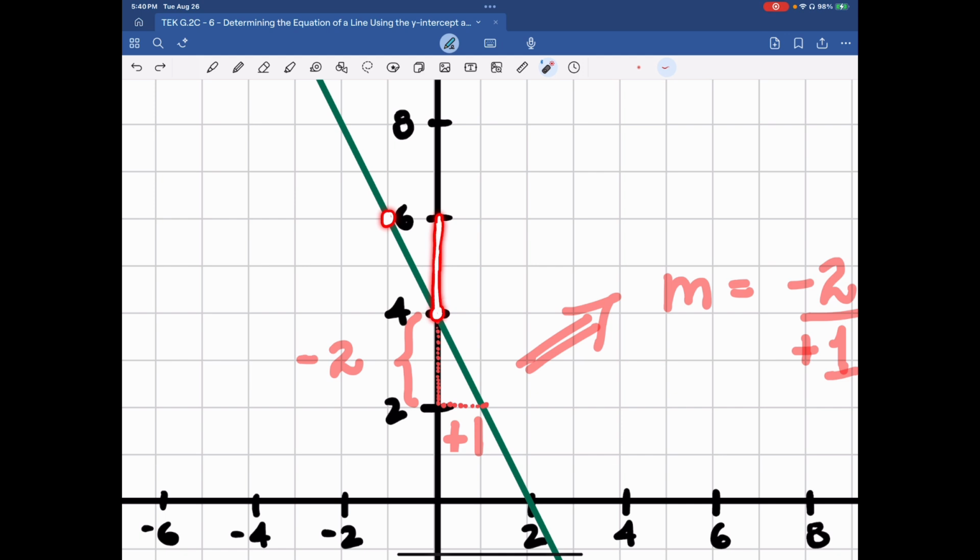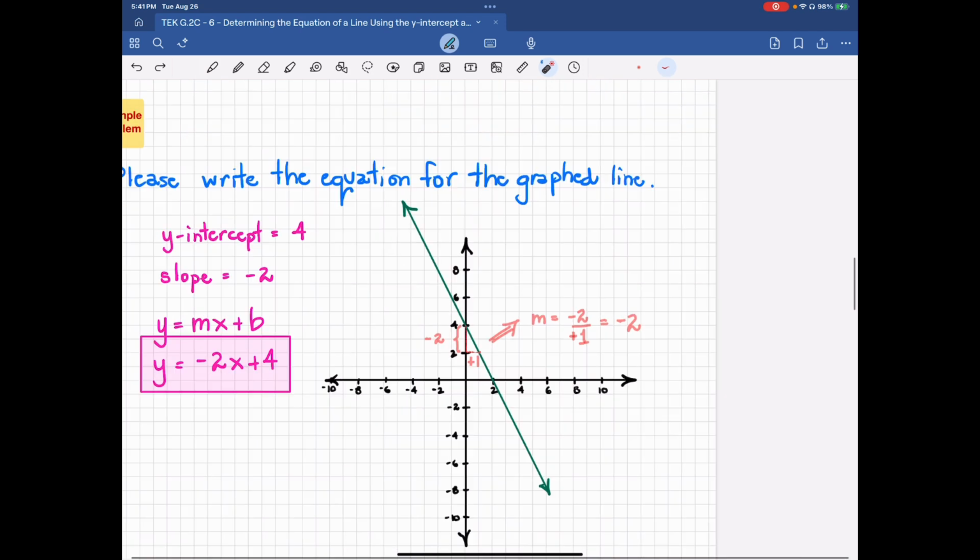Now we're going up, so that's a positive move. But look what happens. To get to the line, we're going to go backwards 1. So that's a negative 1. So the slope in this instance is a positive 2 over a negative 1. What's a positive divided by a negative? It's a negative. So it turns out to be a negative 2. So either if you go up or down, you're still going to get that the slope is a negative 2.